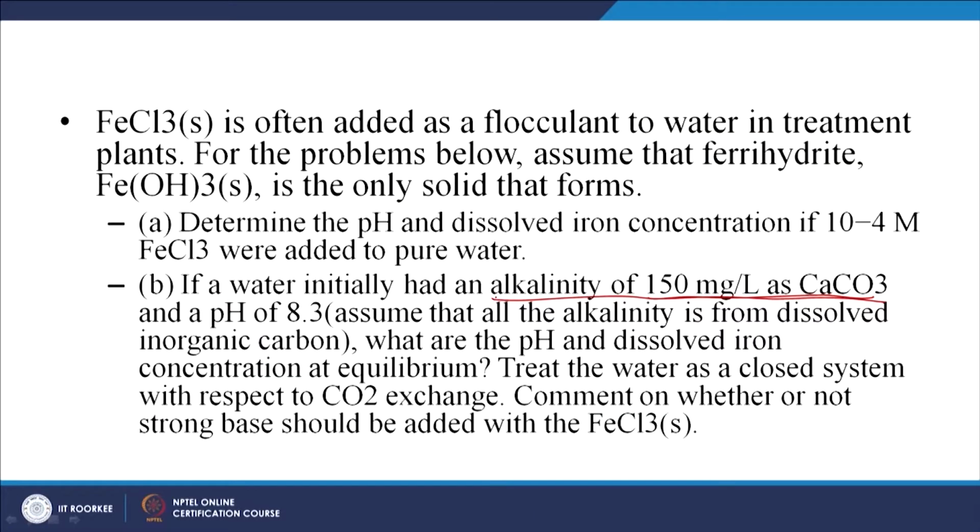Obviously it is the same problem, but with the additional aspect that alkalinity is present and the initial pH is 8.3, right? And here also alkalinity is only due to dissolved inorganic carbon, as in there are no other predominant conjugate acid-base species other than H2CO3, HCO3 minus and CO3 2 minus. That is what it means, right?